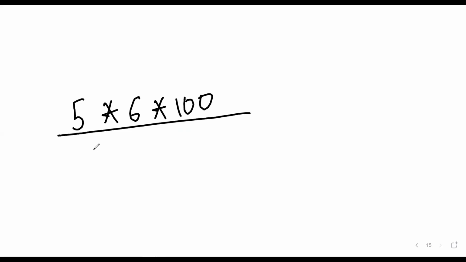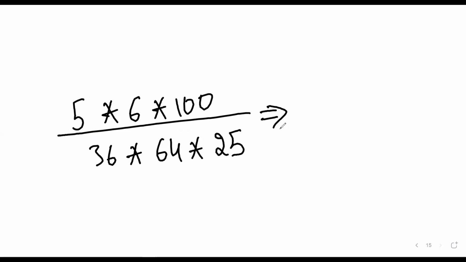So the simple thing that I'm trying to tell you is, very soon this will become a habit which you won't be able to come out of. So whenever you get numbers like these, Aishwarya, what should I do first? First you see what is a common factor of all of them.